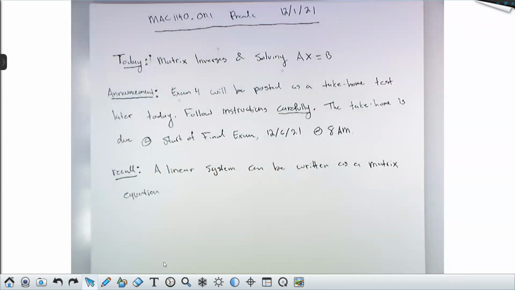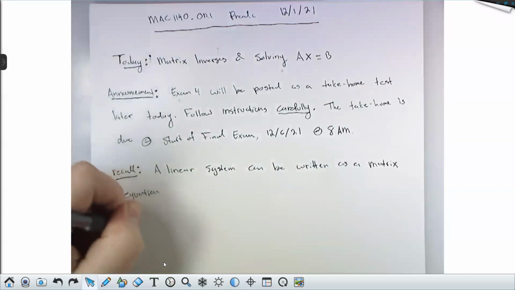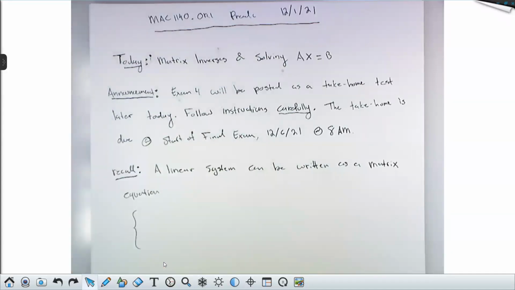So I can start with the linear system, a concrete example of a linear system here.